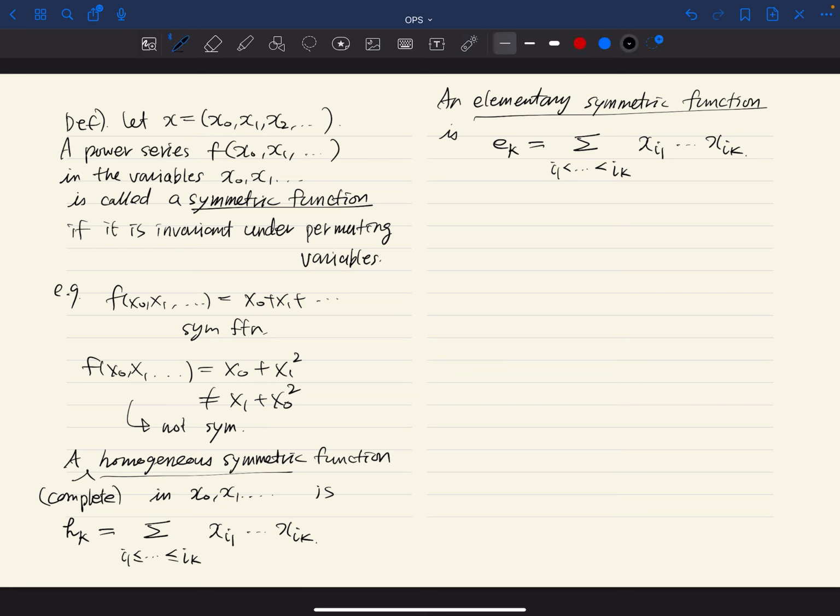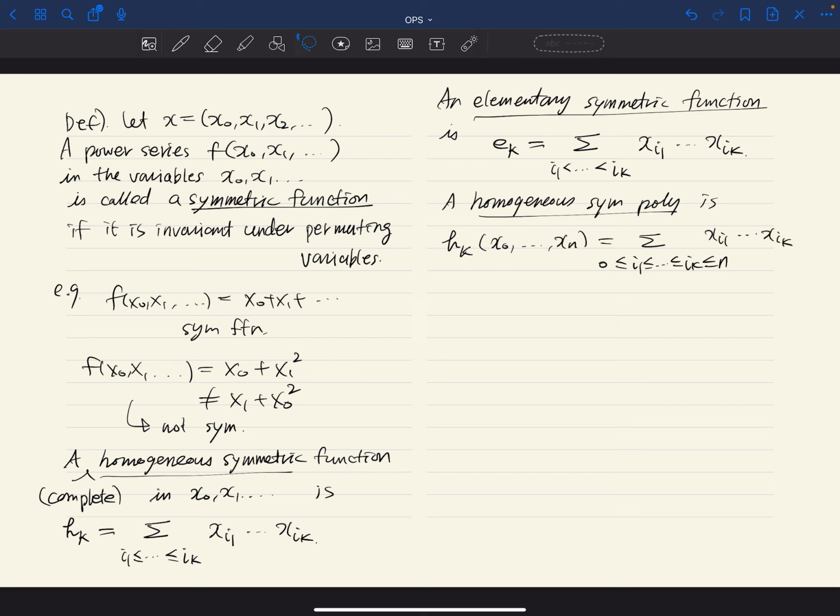And in fact, if we consider only finitely many variables, then they become polynomials. So in that case, we say a homogeneous symmetric polynomial is defined similarly. It's really the same, except we have finitely many variables. It's exactly the same, but of course we have to have these conditions bounded by 0 and n. So these are the possible variables over here.